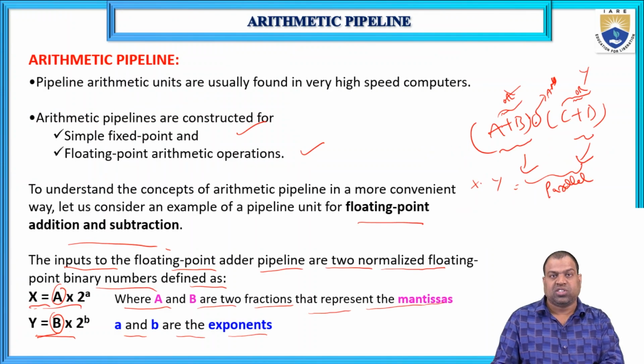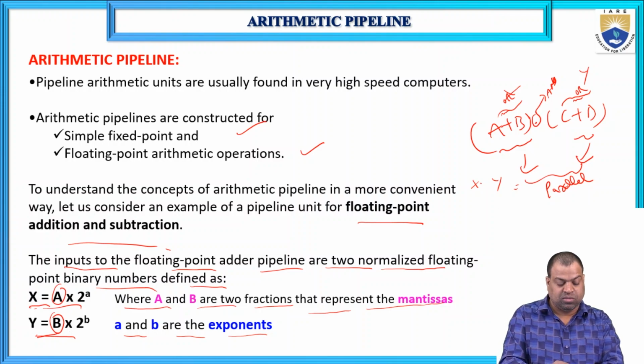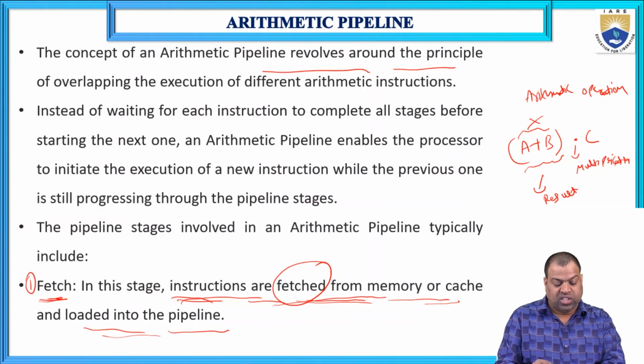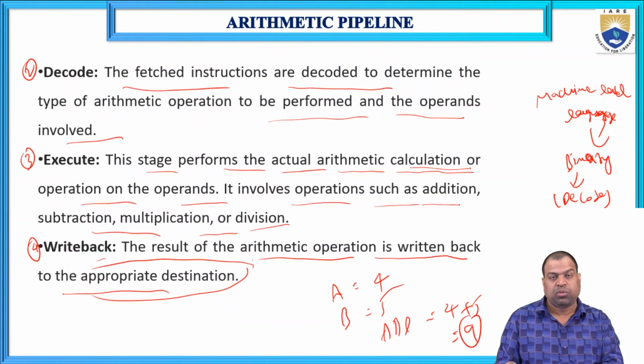So today we discussed arithmetic pipeline, which is performed in simple fixed point and floating point arithmetic operations with mantissa and exponent. So what are the conditions? The pipeline stages involved in the arithmetic pipeline are, typically, fetching, which means we are fetching from memory.